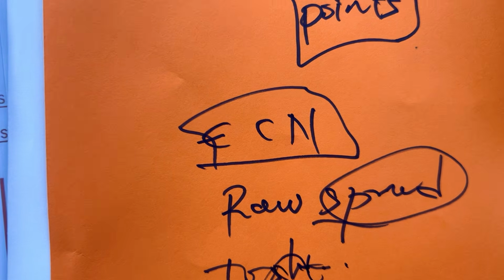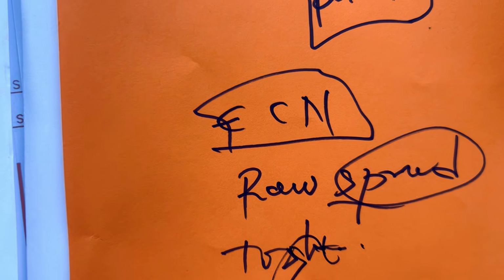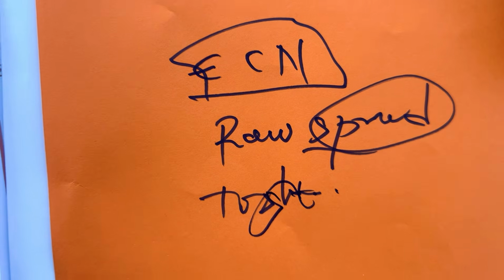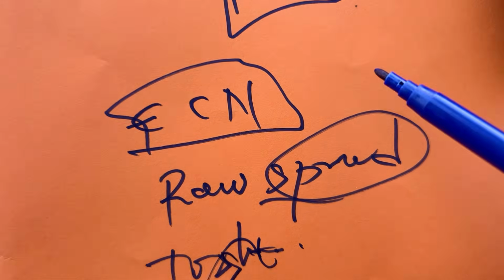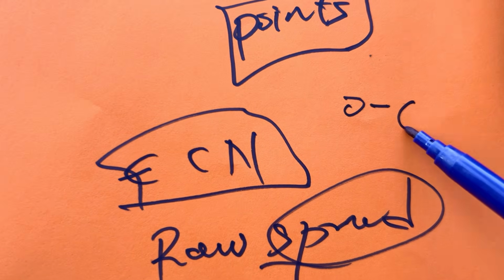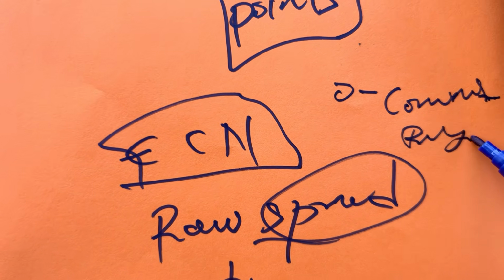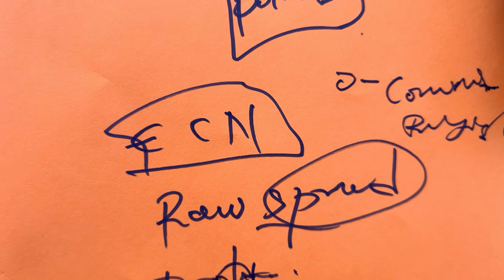However, if you're using a different account, this is where it all comes back to you choosing an account, understanding what type of account you should choose and what broker you should use. Now, the ECN has 0 here. And the reason why it has 0 is because they're going to charge me commission for me to place a trade of a buy and sell in regard to the lot size and the contract size.